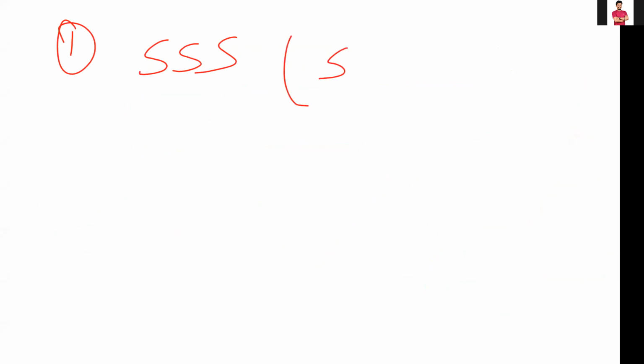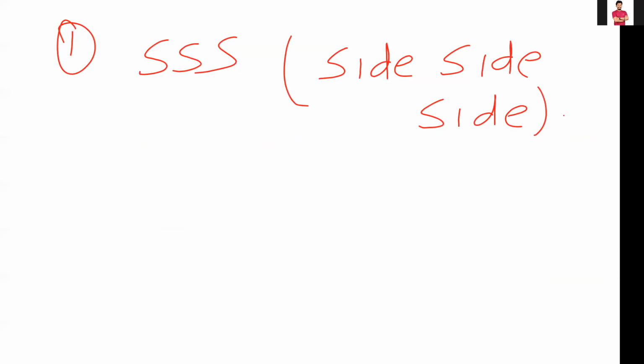SSS is side, side, side. If the sides of one triangle are proportional to the sides of another triangle, then their corresponding angles are equal, and hence the triangles are similar. Don't get confused between similarity and congruency, right?